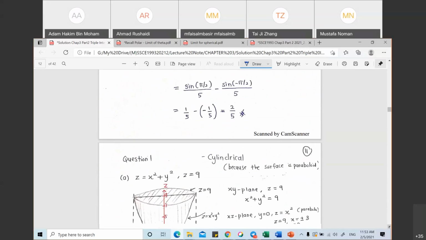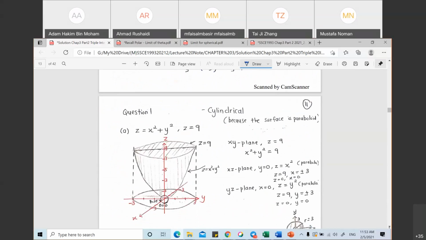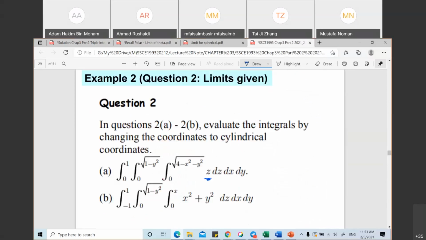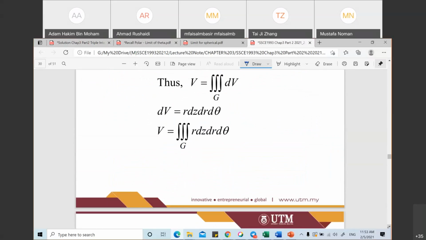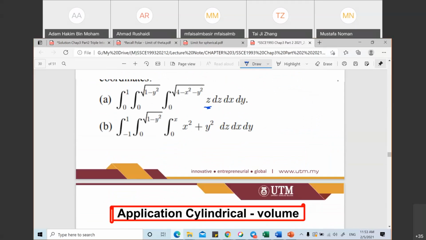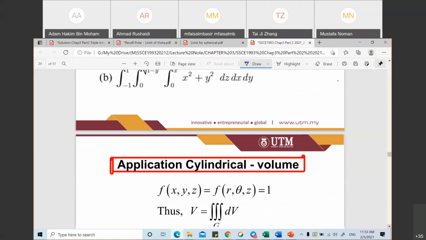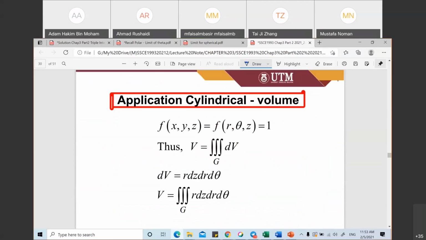Okay, so next question. Okay, we see what is the question. Okay, like this. Oh, application. Okay, remember application for the coordinate? It's just the same as before. Volume will be double integral, triple integral, 1 dV.